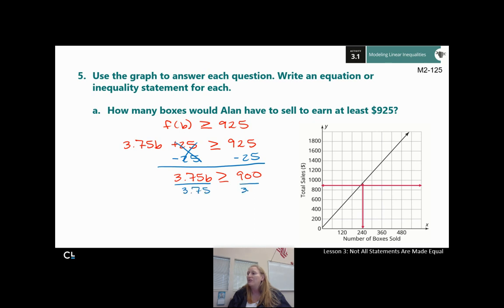We do it to one side, you do it to the other. And lo and behold, b is greater than or equal to, oh, I need my calculator, 900 divided by 3.75 gives me, ooh, well, look at that. 240, that's exactly what we found earlier, isn't it? So yeah, the graph worked.